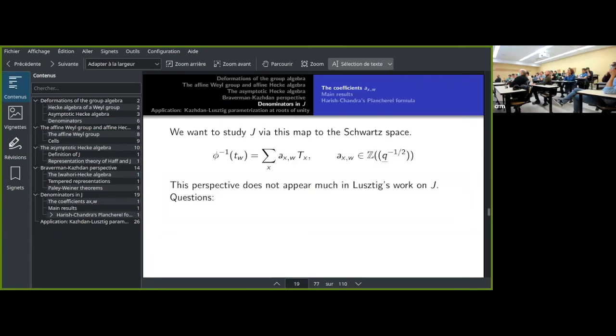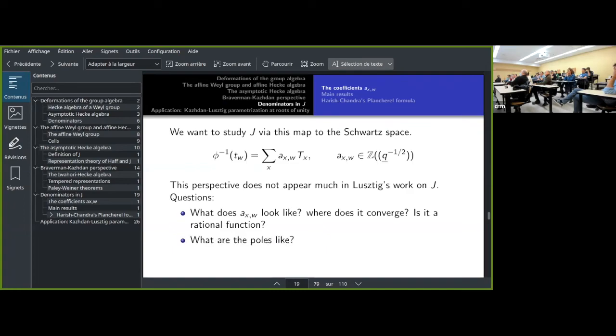Recalling that you can write the preimage under phi as such an infinite linear combination, this perspective doesn't really appear much in Lusztig's work on J. He has a complete classification of its representations, but it doesn't use this fact. So in light of Braverman-Kazhdan, you can ask, what do these coefficients look like? Are they rational functions? How do they converge?